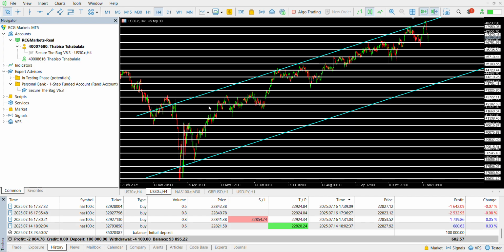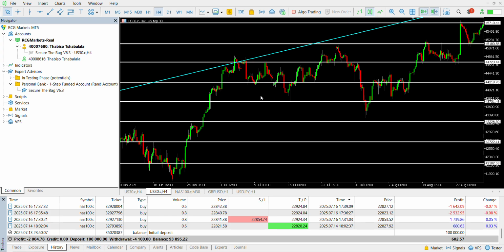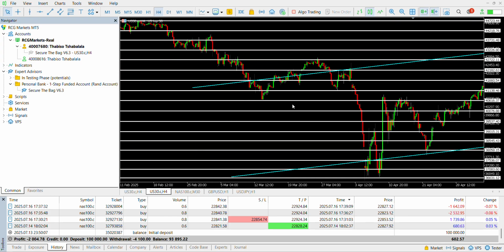So now I'm adding my second confluence, which will be my trend lines. The way in which I do my trend lines is different from everyone else because of the thing that I'm looking for. What I'm looking for is whenever the market touched below it coming down, I need a same movement.